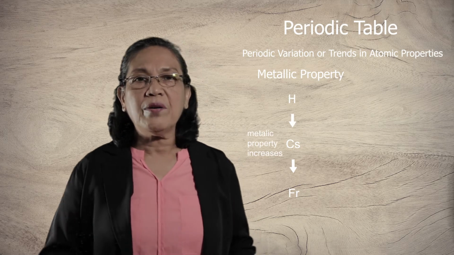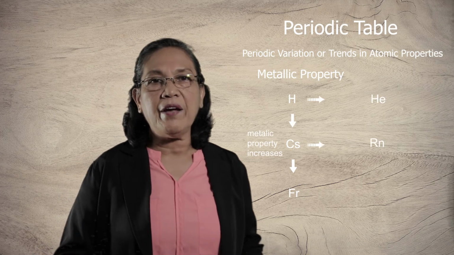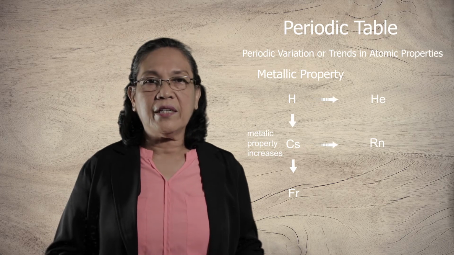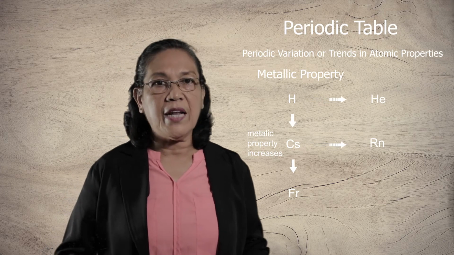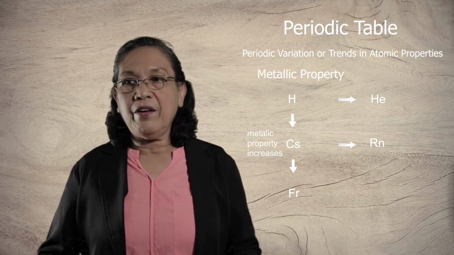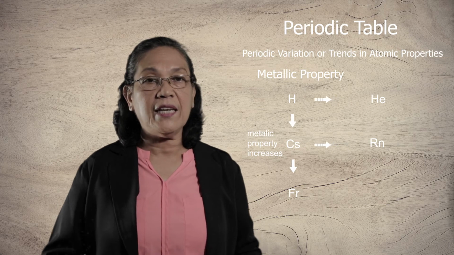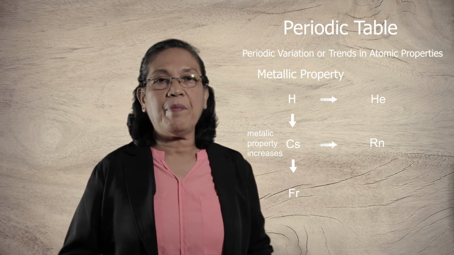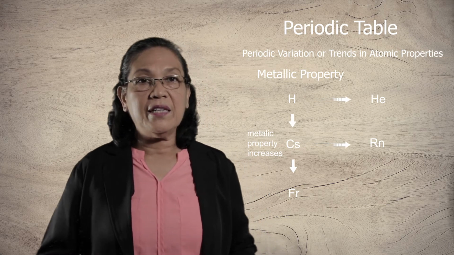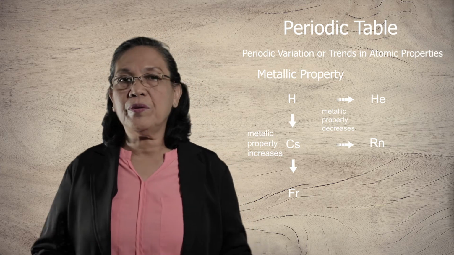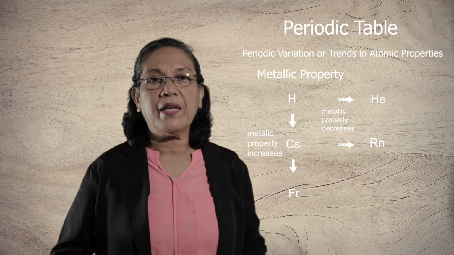But as you go across the periodic table from left to right, take note, you start in the second period with lithium. If you go farther right, you can find the gas neon. So the metallic property is decreasing from a metal to a nonmetal.